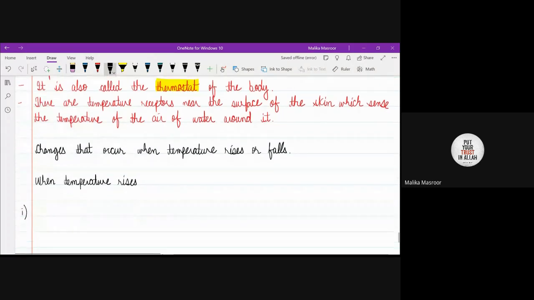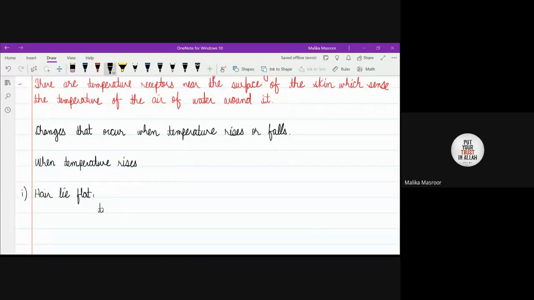Number one, hair lie flat. Your erector muscles in the skin relax so that the hair lie flat on the skin.